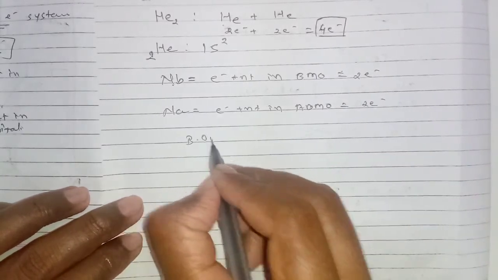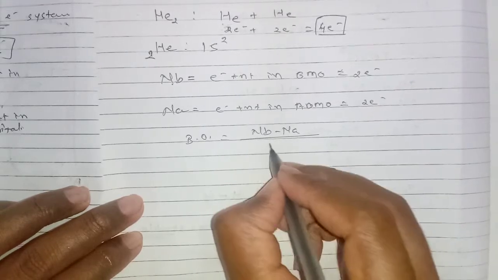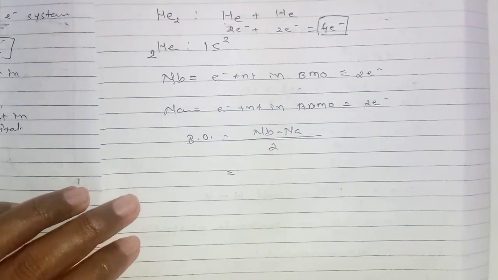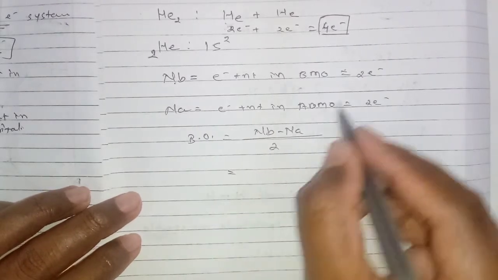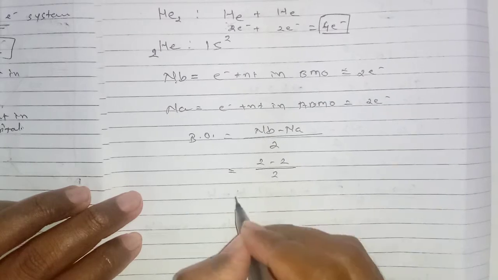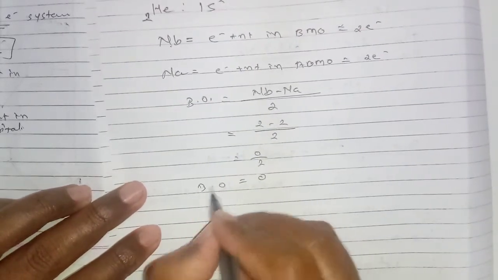Now the bond order is equal to Nb minus Na divided by 2. Here 2 minus 2 divided by 2, 0 by 2. Bond order is 0.